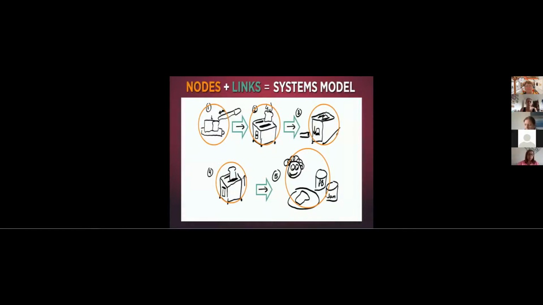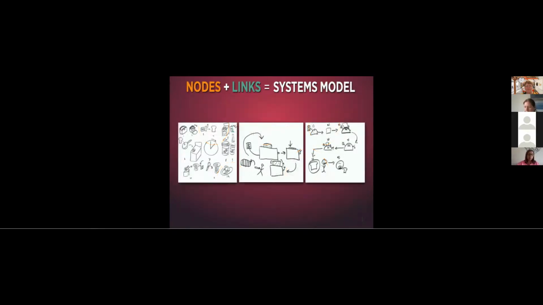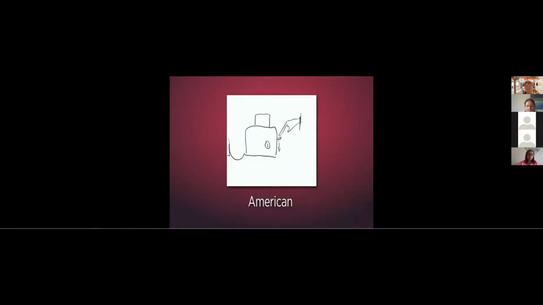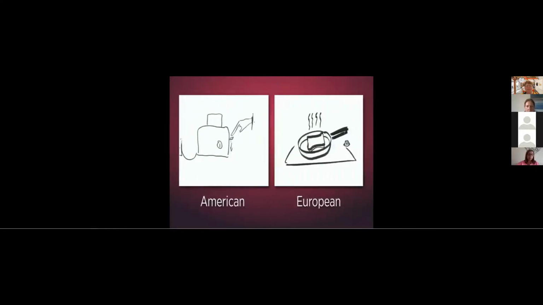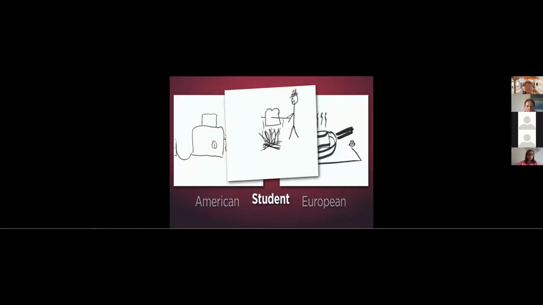So that's the value of these things. And what's interesting about these systems models is how they reveal our various points of view. So for example, Americans make toast with a toaster. That seems obvious, whereas many Europeans make toast with a frying pan, of course. And many students make toast with a fire. I don't really understand this. A lot of MBA students do this.